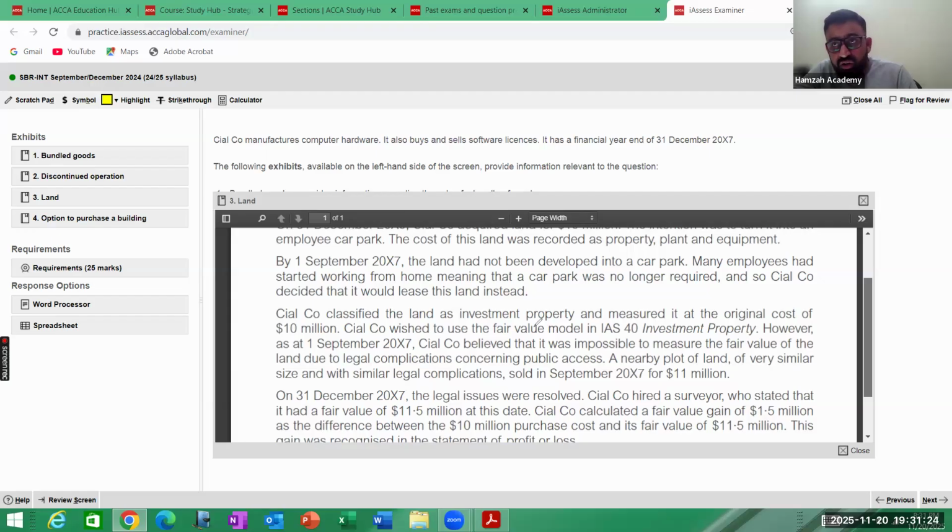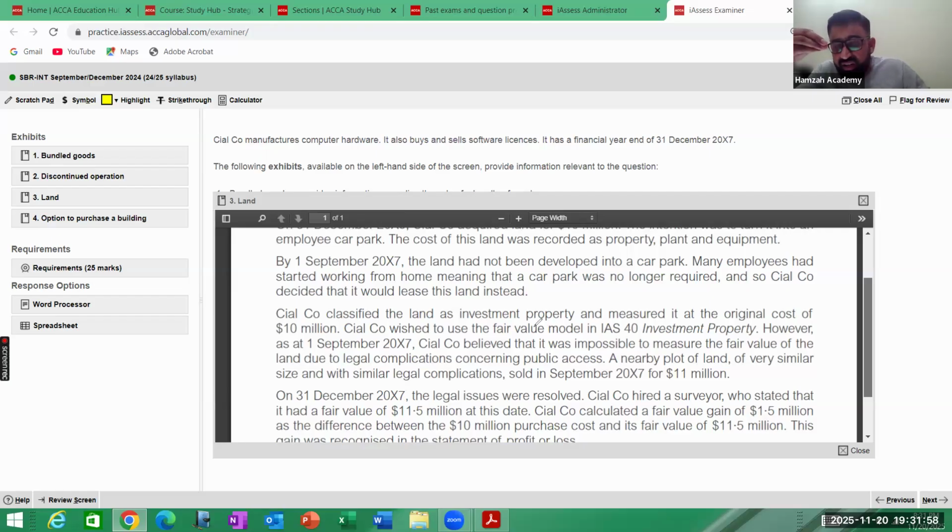And the fair value on the date of the transfer was reliably measurable. Their claim was that it is very complicated, there are complications, and the fair value cannot be measured. But a nearby plot in a similar locality has been sold for 11 million. It's evidence that the fair value of the land is 11 million. It is a market approach. So 11 million is a fair value. So I think it should be measured at 11 million before we transfer it from IAS 16 to IAS 40.